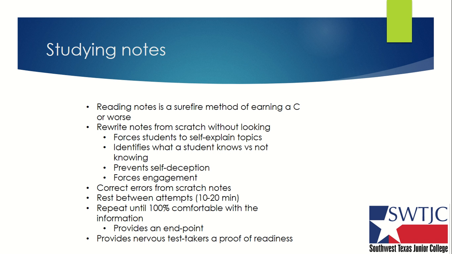So we call this self-deception. It's the process of when you read notes and say, okay, I got it. I'm pretty confident I understand the material, and then find out that you didn't catch any of that material. That's self-deception. And so it prevents that, because if you can assess yourself, and this is what we're doing, we're taking a test. We're taking a quick self-evaluation of the information, and that's what rewriting those notes from scratch does.